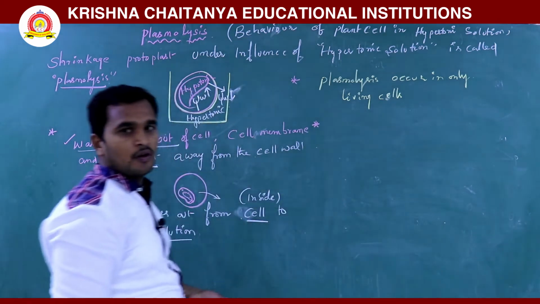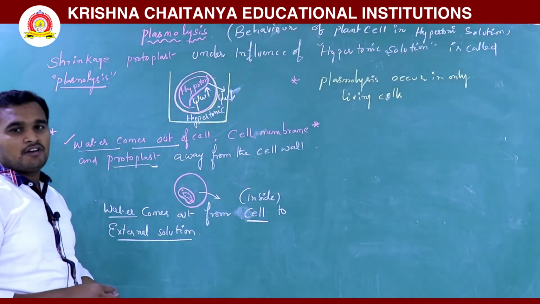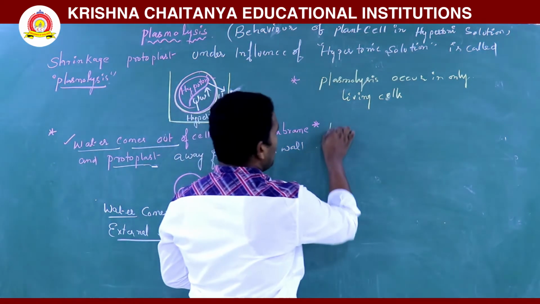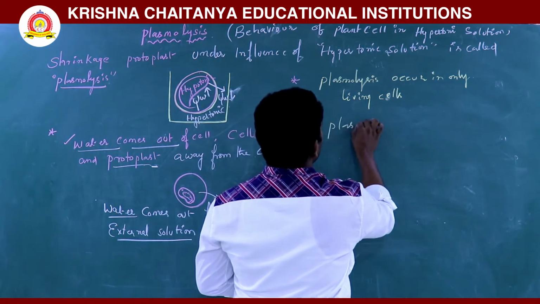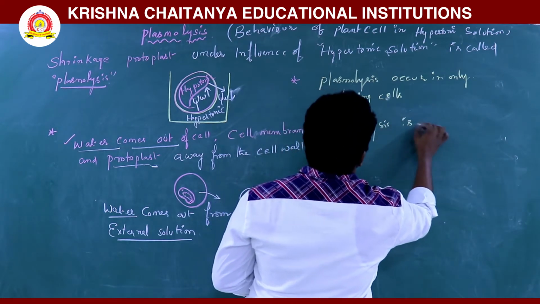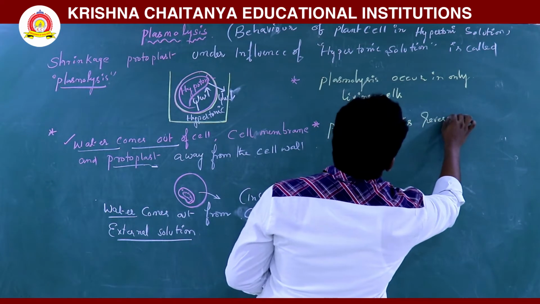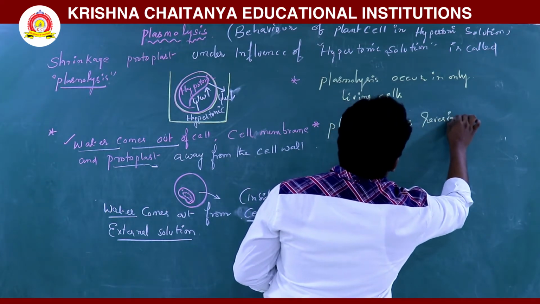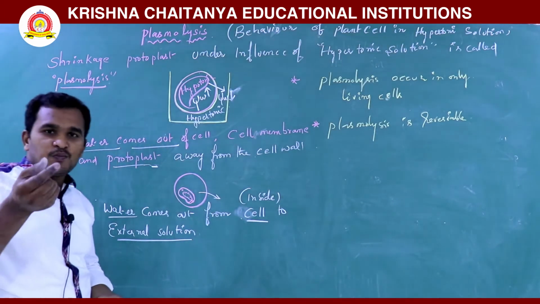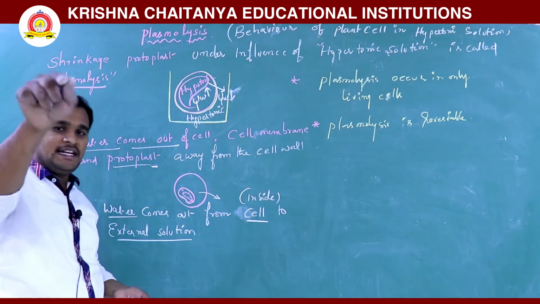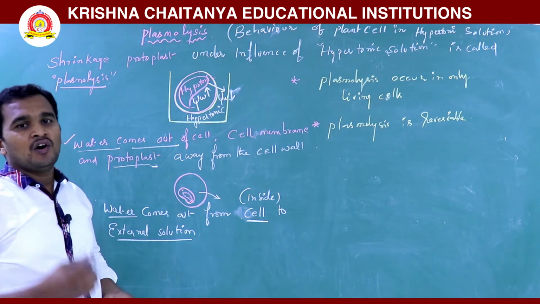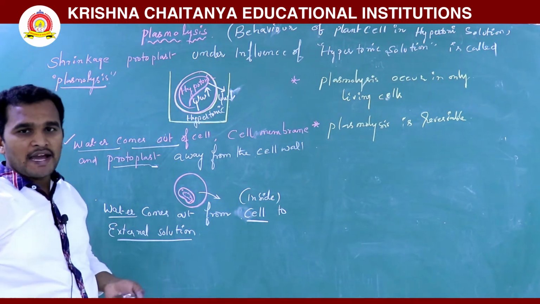Next, plasmolysis is reversible. When a plasmolyzed cell is placed in a hypotonic solution, it is deplasmolyzed again.